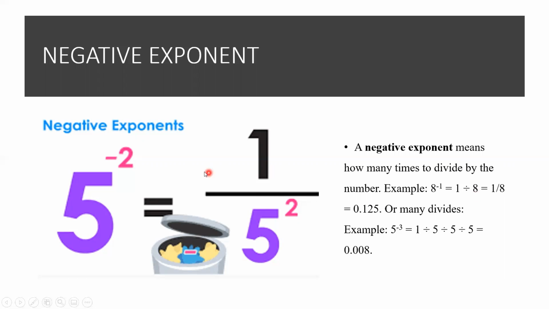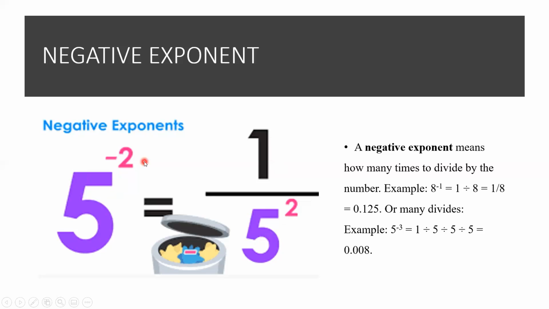Okay, so now when we have the negative power, that is not multiplication. Remember when we said the exponent tells us how many times we multiply the base, but when it's negative, now it tells us that we need to divide. So as you can see here, 5 to the power of negative 2 equals 1 over 5 to the power of 2.